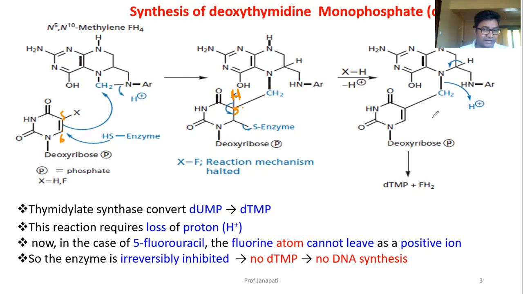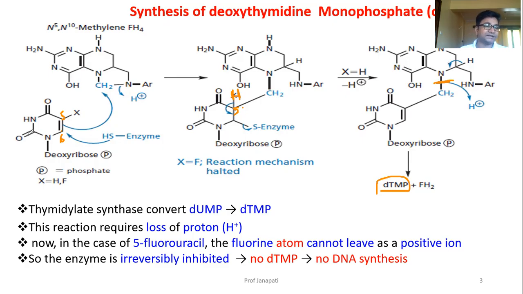Here again, the released proton, which was abstracted by water, will come and attack onto the nitrogen, and there is breakage here. When it breaks, this molecule will become deoxythymidine monophosphate. And this is called FH2. You can see it, FH2. This is how it is occurring.